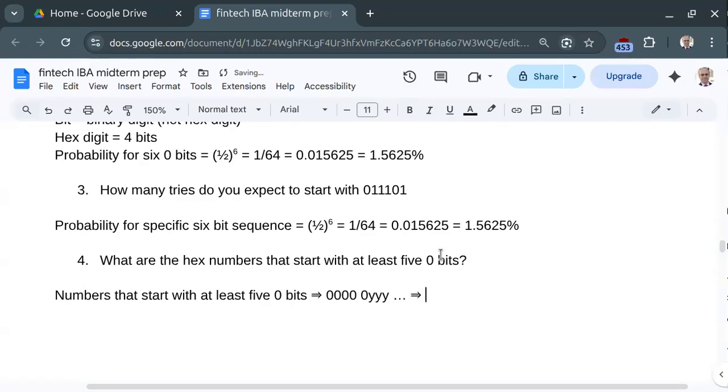So what are these numbers? Well, the first hexadecimal digit will be 0, because you have 40 bits. But the second hexadecimal digit will be some number that starts with a single 0. Now, what are the hexadecimal digits that start with a 0 to the left?